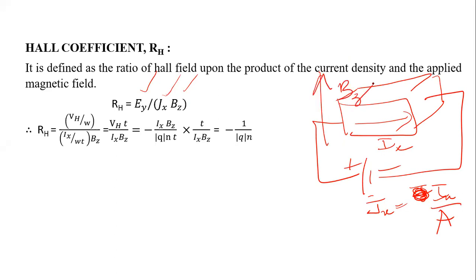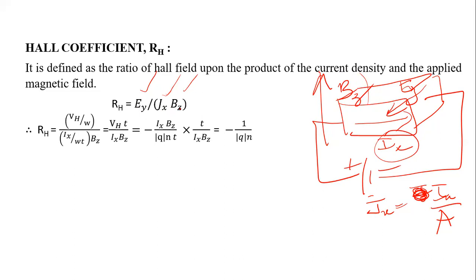So you are passing a current of Ix and applying Bz in a semiconductor. So that results in what? That results in a whole field of Uy. So Uy is a result of the current passing through the semiconductor and the applied magnetic field. So the ratio, that is Uy, the result, upon the causes, that is the current into magnetic field, is known as the Hall coefficient.